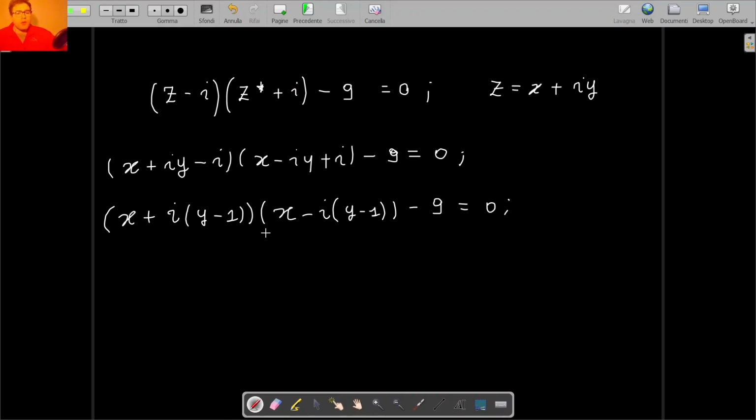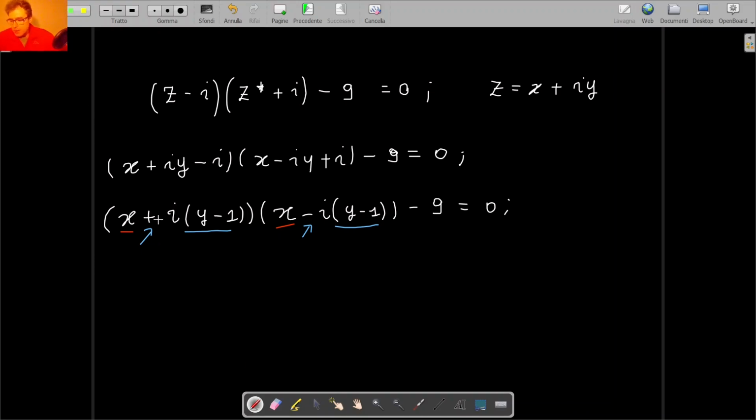Perfect. Now we see that we have x and x, while the imaginary part is the same apart from a sign. So this number is the complex conjugate of this other number and vice versa.